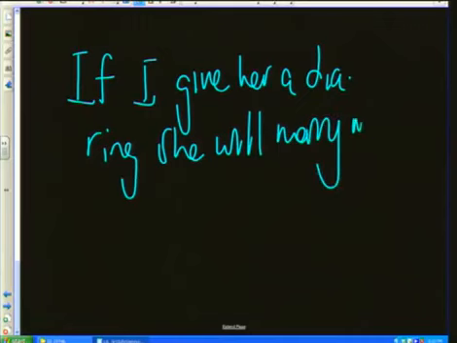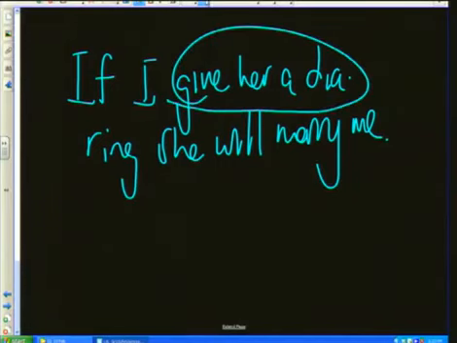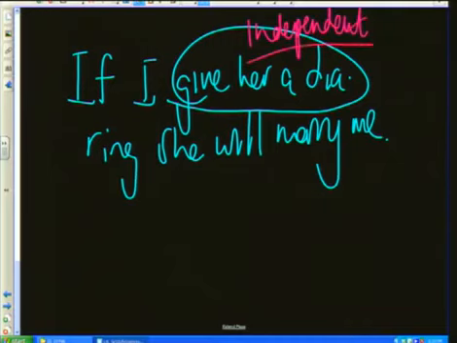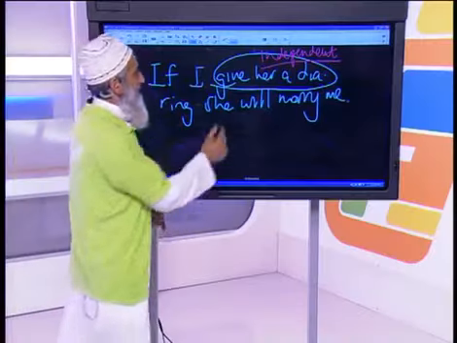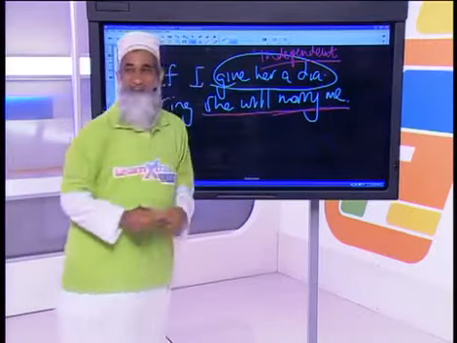Now, Abby, which part are you in control of here? Her marrying you or giving the diamond ring? Giving of the ring. So giving the ring is what you, the investigator, can do. So that becomes the independent variable. It can stand on its own. You can either give the ring or you don't give the ring. But whether she marries you or not, it's not up to you.